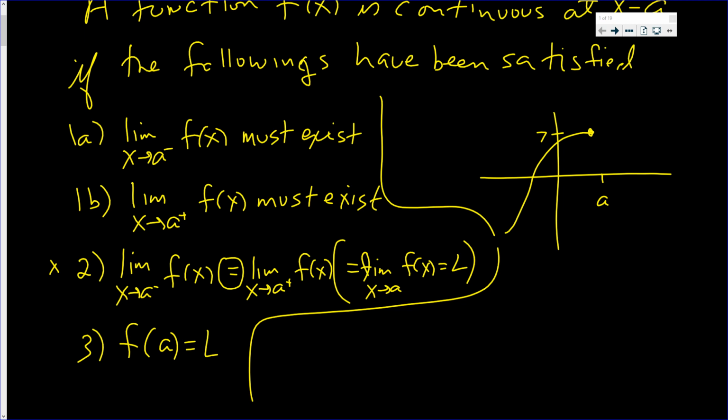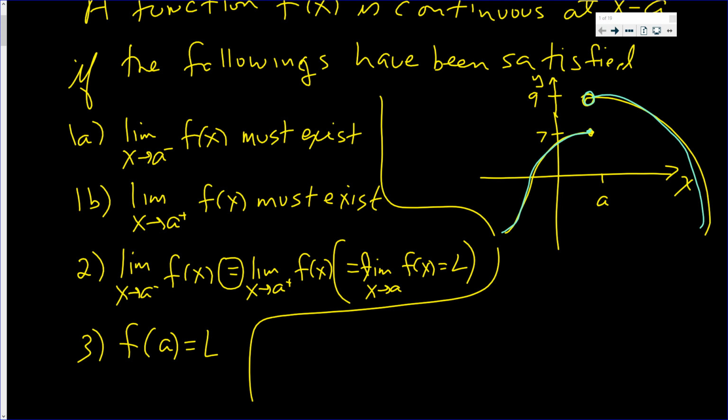And to the right of a, maybe the graph goes like this, and the y value is getting closer and closer to 9. This graph is not continuous, because if I try to graph it, right here I have to lift my pen to come here to the other points. That is how a graph can be not continuous if it doesn't satisfy 2.